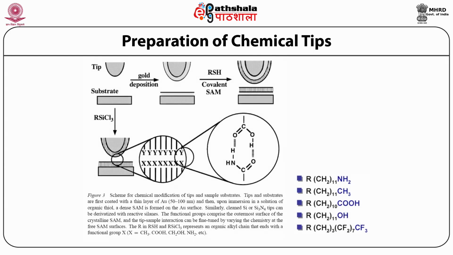Preparation of chemical tips. This slide shows in what way the chemical tips are prepared for a number of organic compounds, which includes very many classes, which has amines, alkanes, acidic class, alcohols, and fluorine compounds. And how they show up has been shown in this slide.